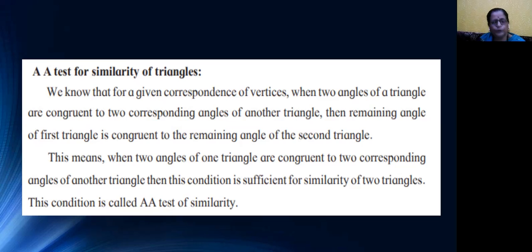We know that the sum of the three angles is 180, so if two angles are congruent, then automatically the third will be congruent with the corresponding angle, and so this condition is called a test of similarity.